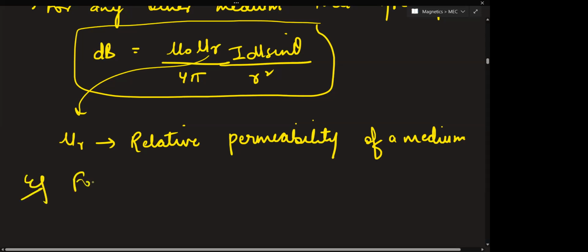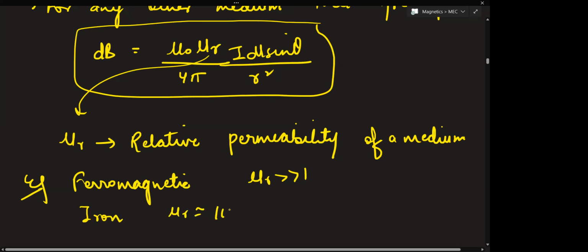If you have ferromagnetic substances, then the value of relative permeability is very much greater than 1. For a material like iron, mu r is approximately equal to 1000, the magnitude of it.